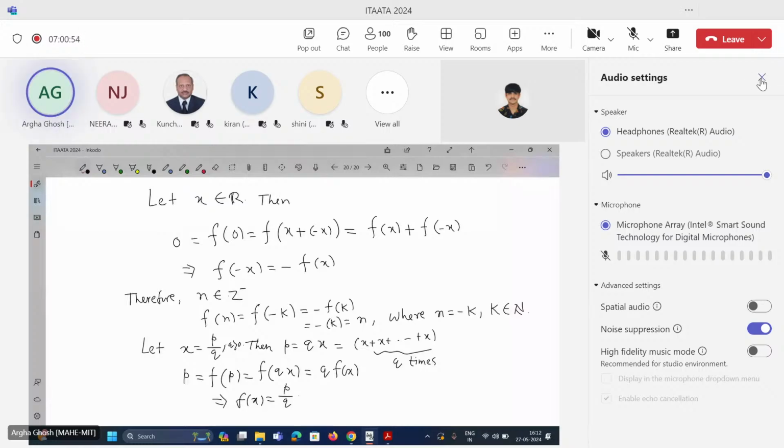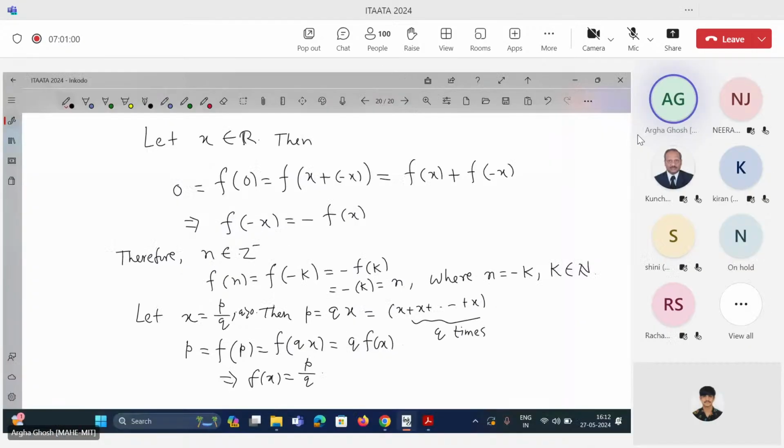Till now it's just algebra and the property of additivity, so an algebraic property. We have not used any concept of continuity of the function. Now we have to use it. So I will prove that f of x equals x if x is an irrational number. Tell me, how can we do it?